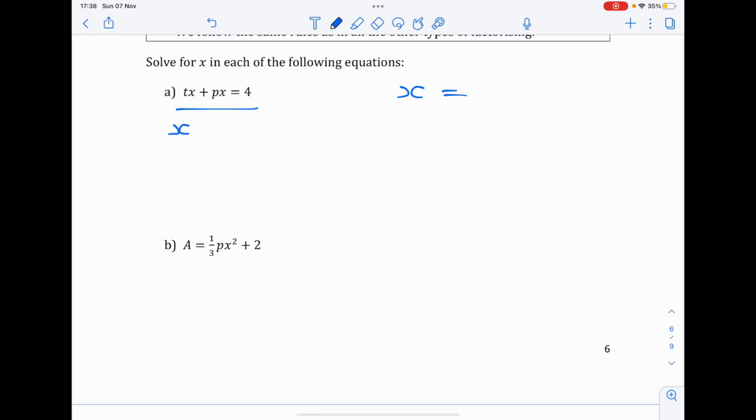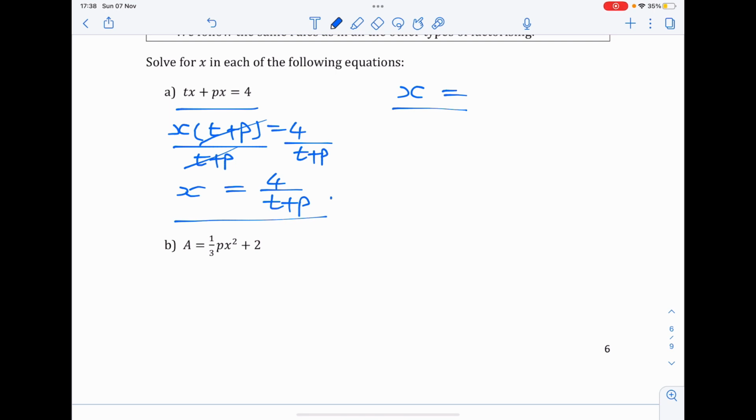So x bracket t plus p is equal to 4. Now we want x by itself, so we divide both sides by everything that's not x. Those cancel, so x is equal to 4 over t plus p, and that's your answer. So you're solving for x.